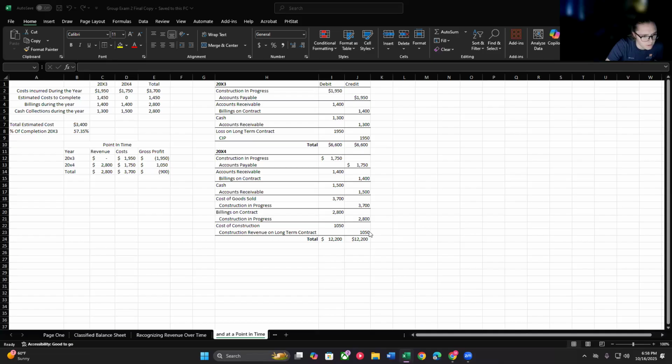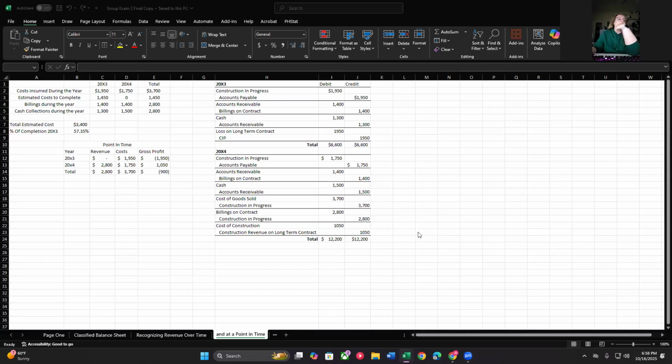That might be where our numbers are off, because if the loss here is going into CIP, but then this one's not, to be able to counteract it, to have the ending balance there of the 900 loss. That's how she has it in the answer key for the last assignment we did like this.